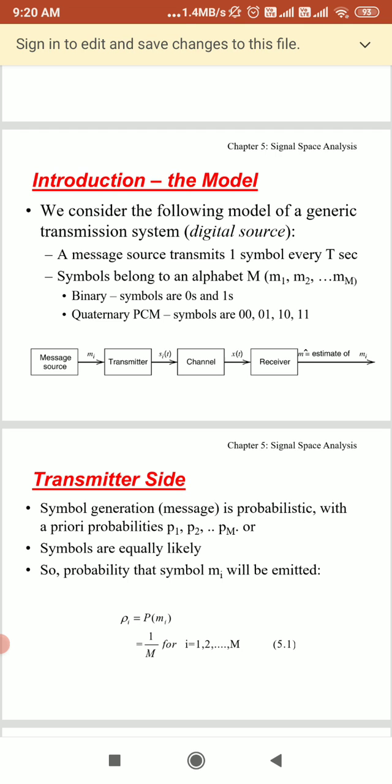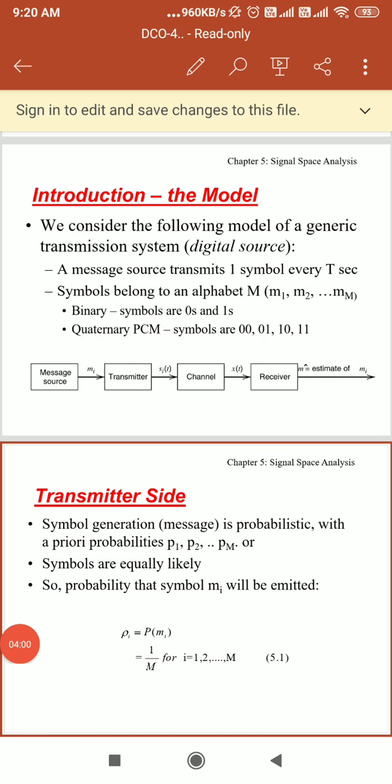When we are transmitting a symbol at the transmitter side, symbol generation is probabilistic. It means we have different symbols out of which we are supposed to send one. So symbol generation is probabilistic with prior probabilities P1, P2 up to Pm, or we can say the symbols are equally likely.